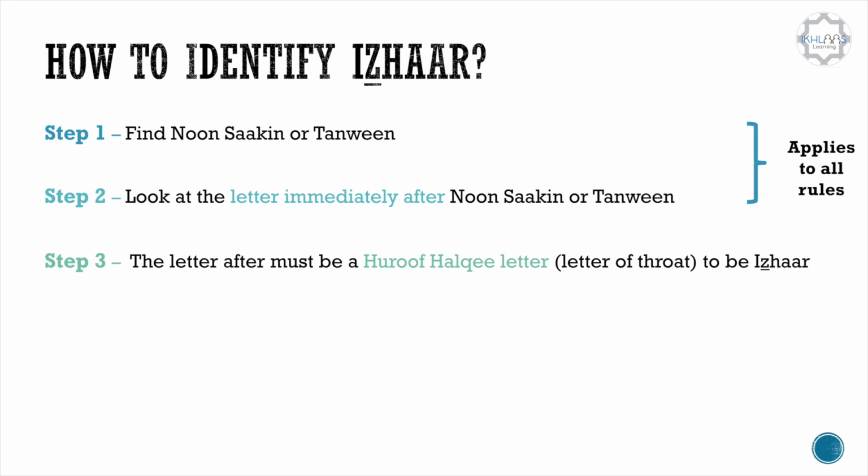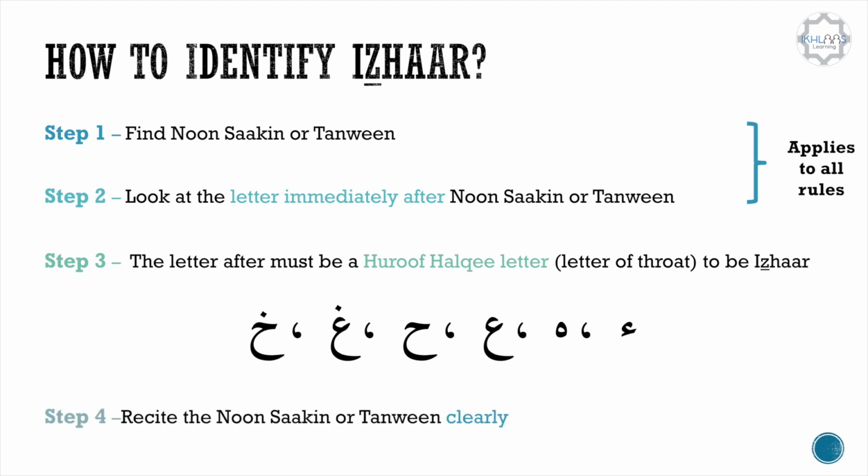Step 3. The letter after must be a HUROOF HALQEE letter, which is the letter of the throat, to be Izhaar. Hamza ha, Ain ha, or Ghain kha. And step 4, to recite the Noon Saakin or Tanween clearly.